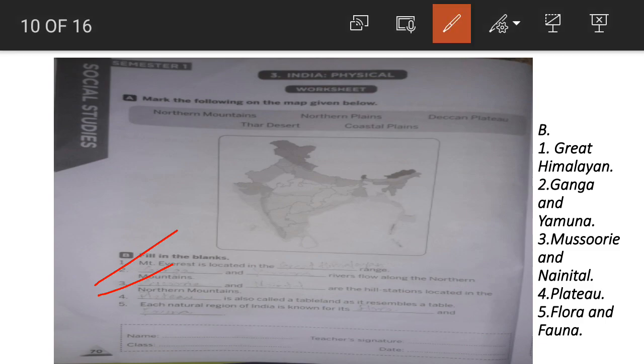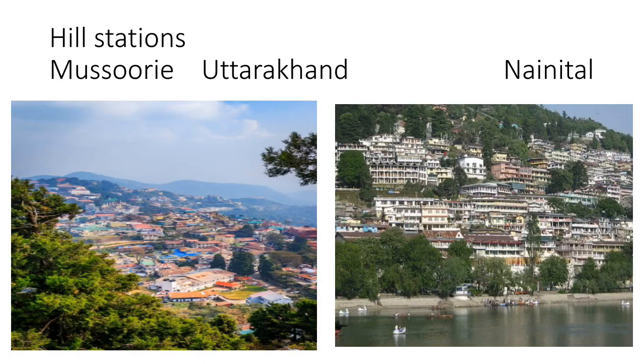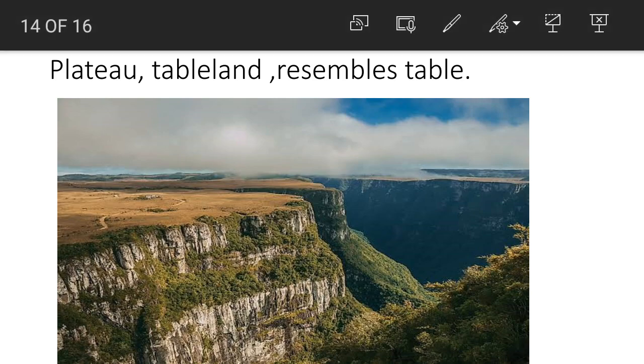Next, question number 4. Dash is also called a tableland as it resembles a table. So what is the answer? Plateau. Plateau is also called a tableland because plateaus are like a table. Here, as we can see, these types of land we call plateau.